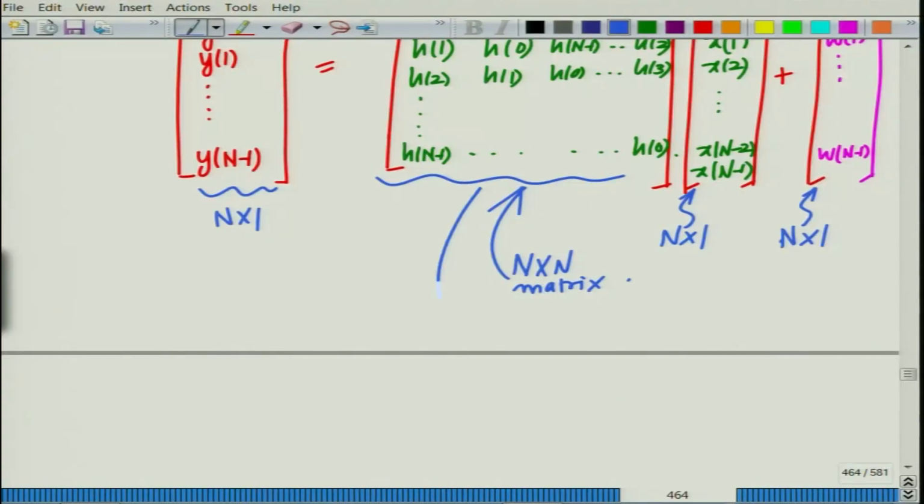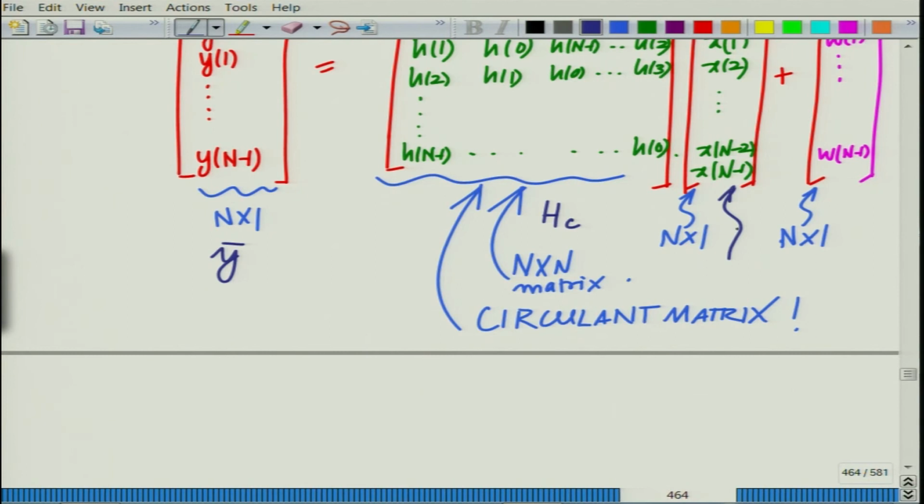This is known as a circulant matrix. This is a very interesting aspect. So, this kind of matrix is known as a circulant matrix. Let us call this y bar, let me call this matrix HC, let me call this x bar, and let me call this w bar.